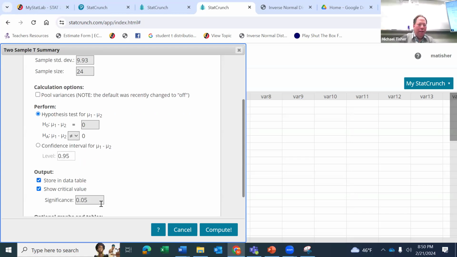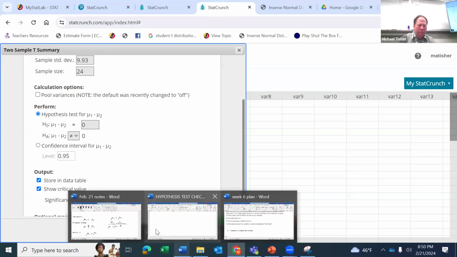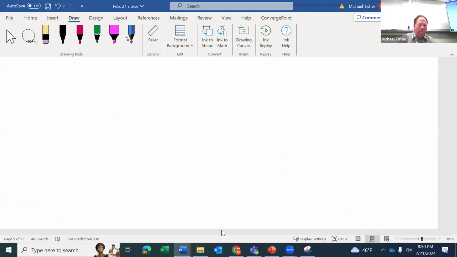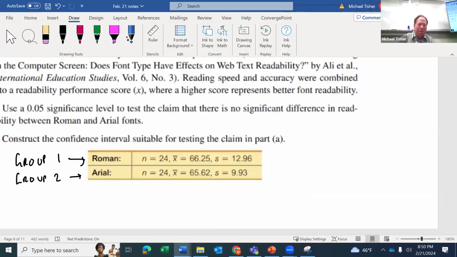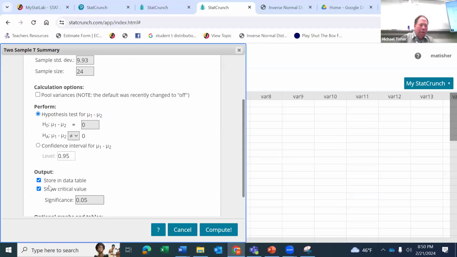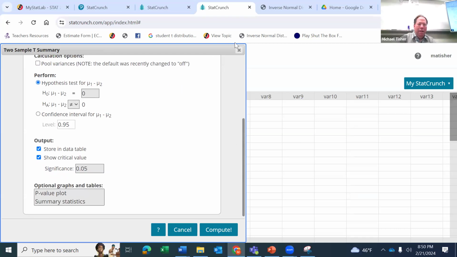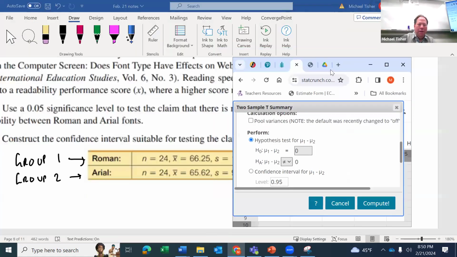Check, check. And significance was what? Let's see. I think it was 0.05. All right, that's all we got to do. So click compute somewhere.